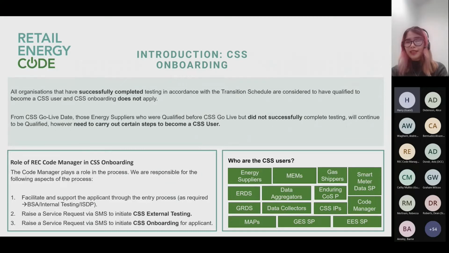For REC parties, if you are an energy supplier or electricity retail data agent, you must become a CSS user. Whereas if you are a meter equipment manager, you have the option of becoming a CSS user. For non-REC parties, such as meter asset providers, shippers, or supply agents, you can decide whether to become a CSS user or not. Moving on to the next slide.